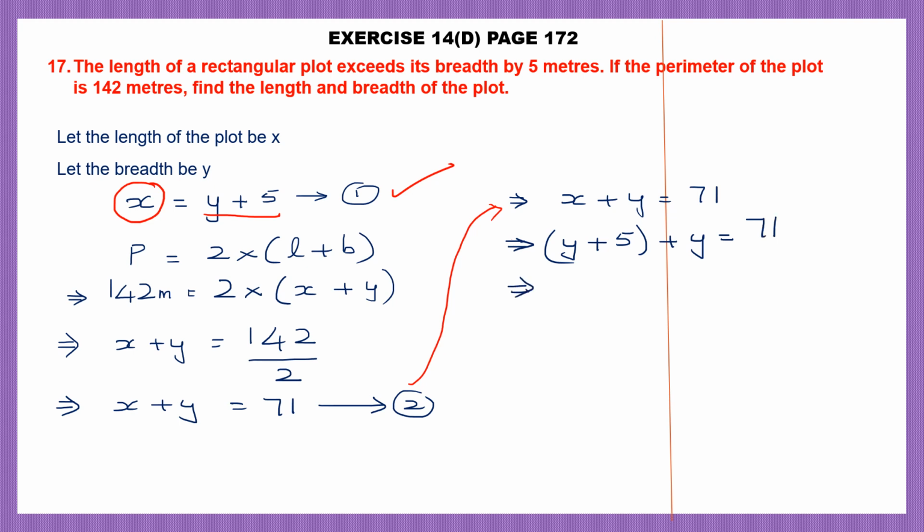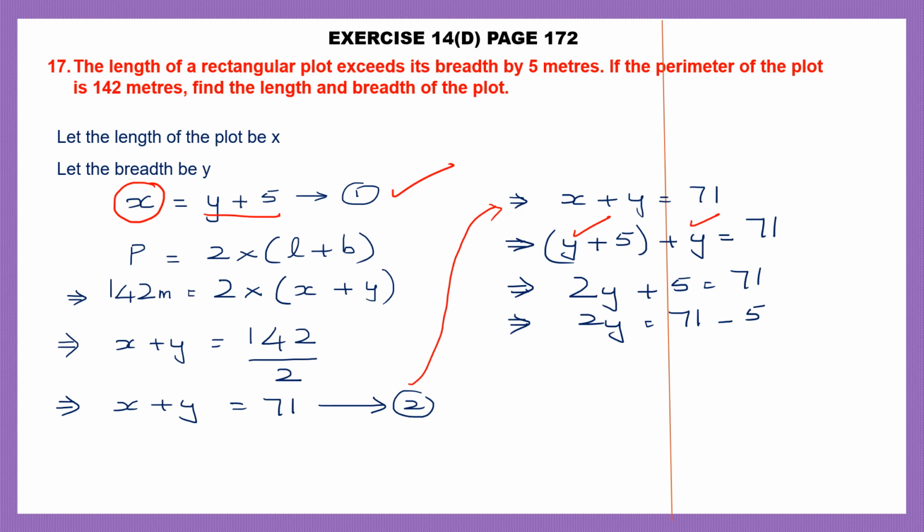Now let me look at both the y's. I have y here and y here. So 1 plus 1 is 2. So 2y plus 5 is equal to 71. Now let's find the value of 2y. 2y will be 71 minus 5.